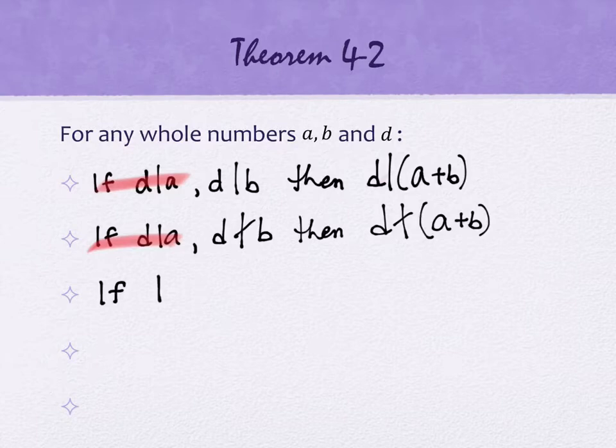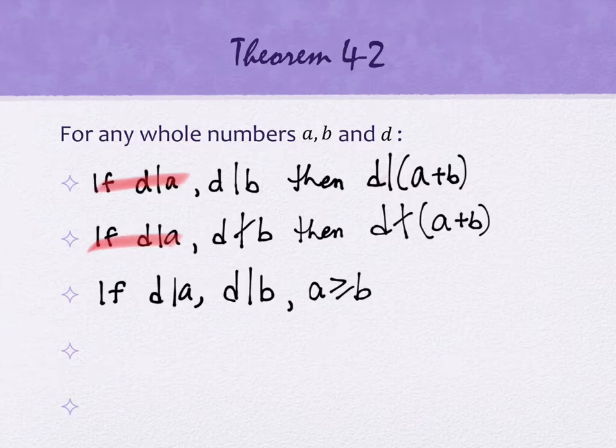So if D divides A and D divides B, back to the same as the first part, our other condition is that A is going to be bigger than B. Not because it matters, but one of them's bigger, so we're just pretending it's the A value. What we're going to see then is that D will divide the subtraction.